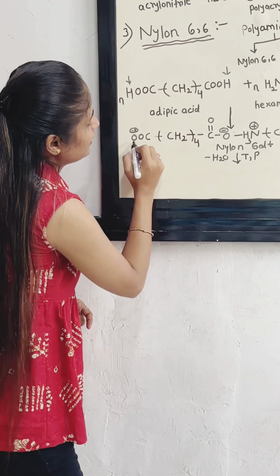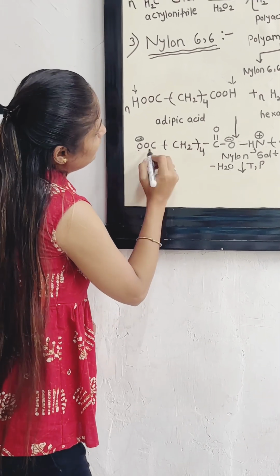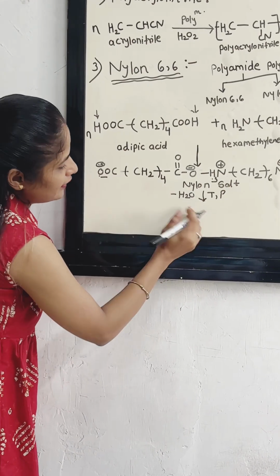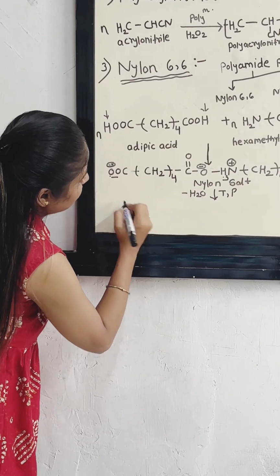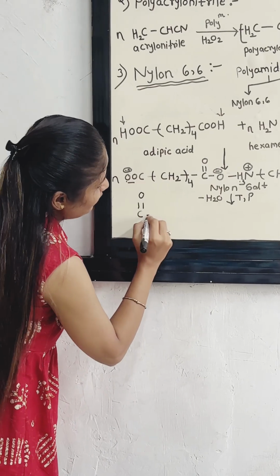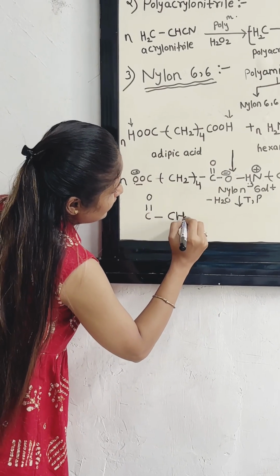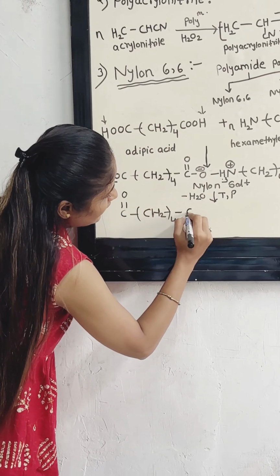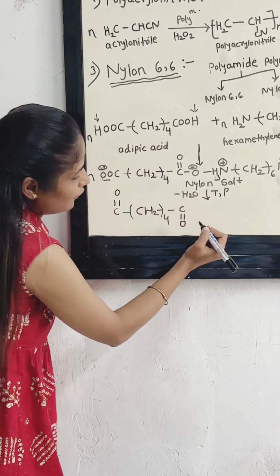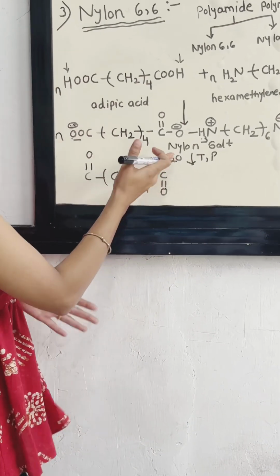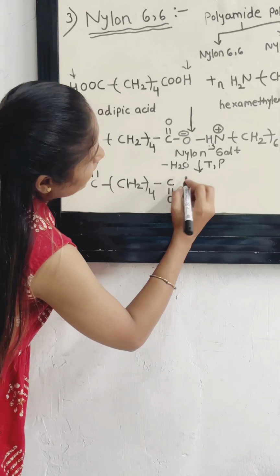So here the water molecule from this 2H and this O gets removed. We have to get the structure, that is C double bond O, CH2 4 times, then again C double bond O. You have to write on the upward side also. Here is no place, so I have to write on the downside.